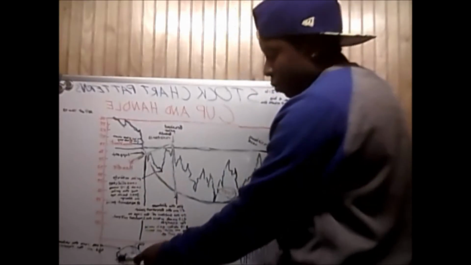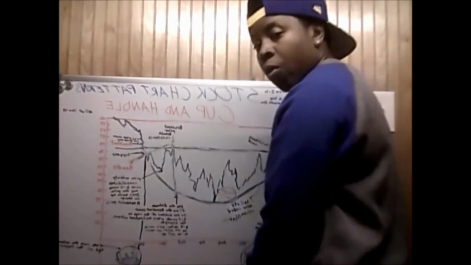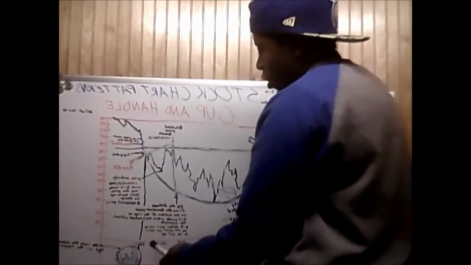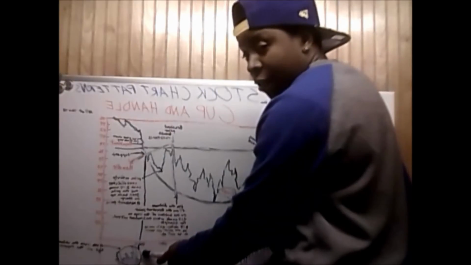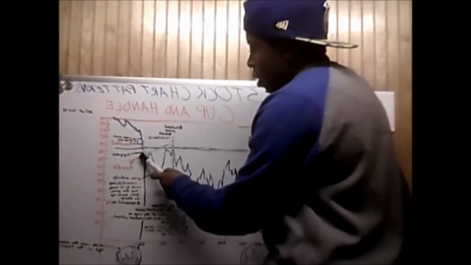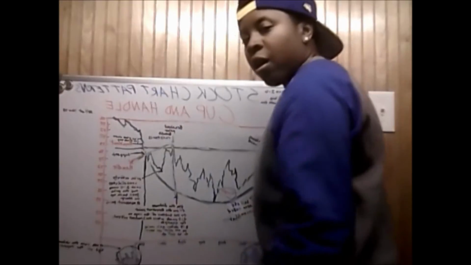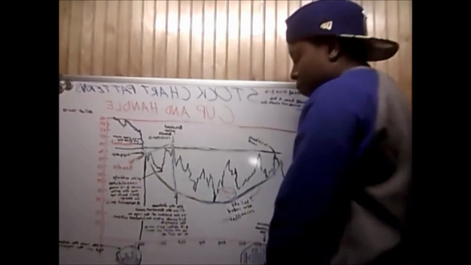Your volume has to be high on that support. That's another telltale sign. If your volume is high on that support, then that's another indicator that the stock will break out.